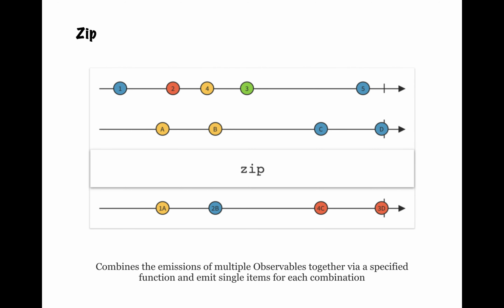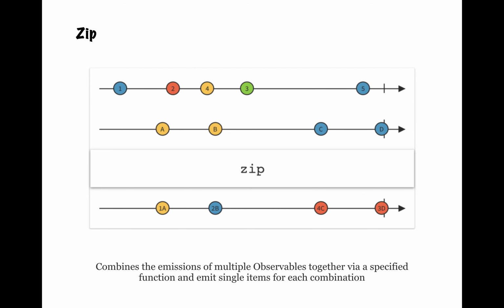Now the second operator that we have to analyze and understand is the Zip operator. So basically what it does is it takes multiple observables together and combines them and gives you one observable, which is the combination of these two.